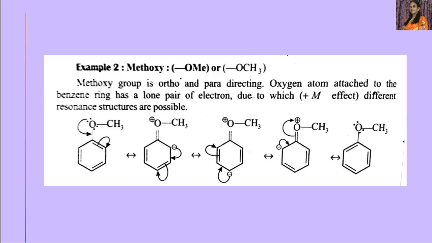Therefore, electrophilic attack will be at the ortho and para positions. So this is the first structure. Once again, these are the resonance structures obtained from methoxybenzene due to the plus M effect of oxygen present in the methoxy group.